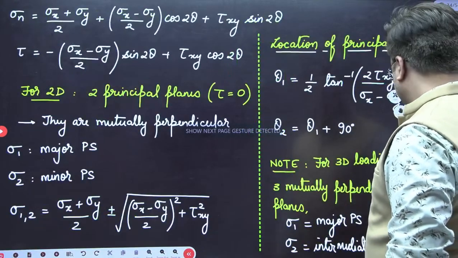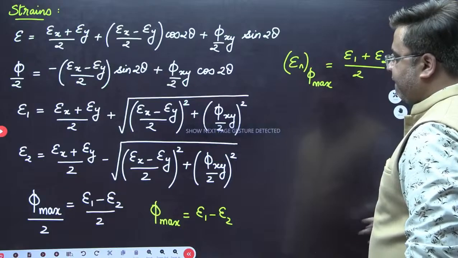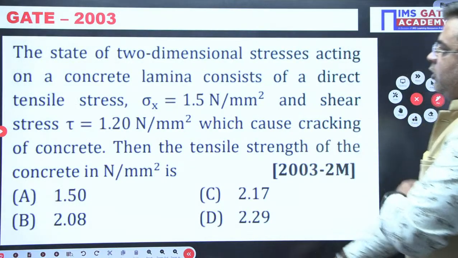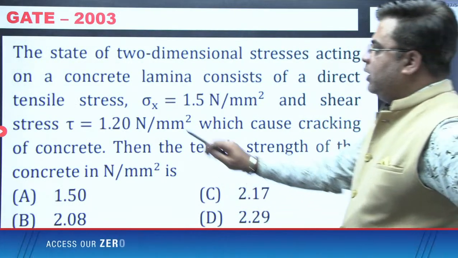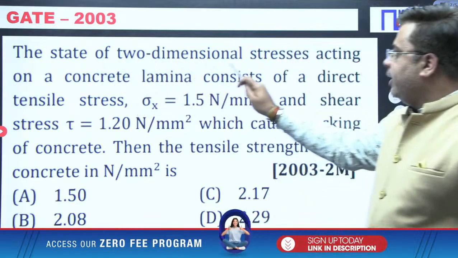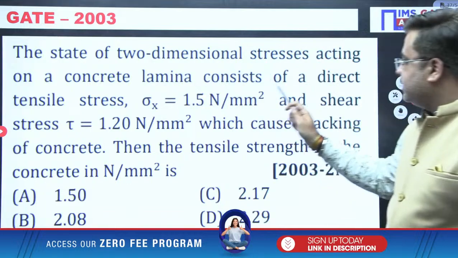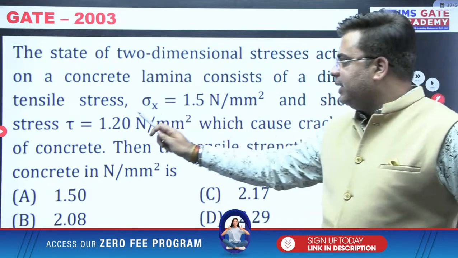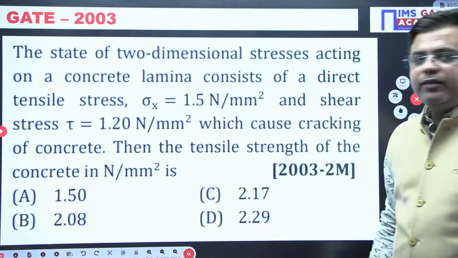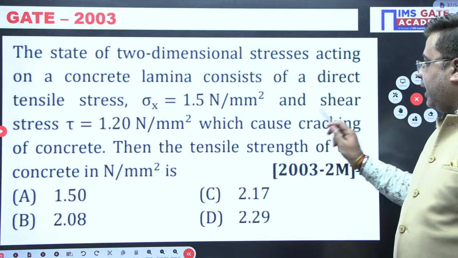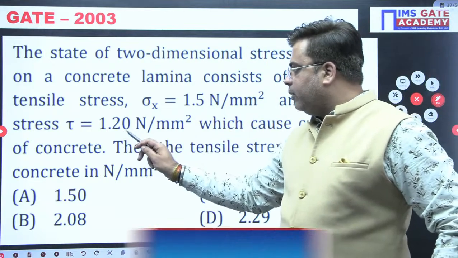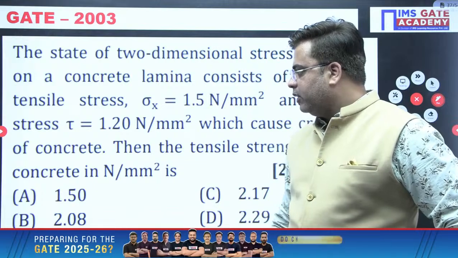Next question will be here. The question says that the state of two-dimensional stresses acting on a concrete lamina consists of a direct tensile stress sigma x of 1.5 Newton per mm square and the shear stress tau of 1.2 Newton per mm square, right?